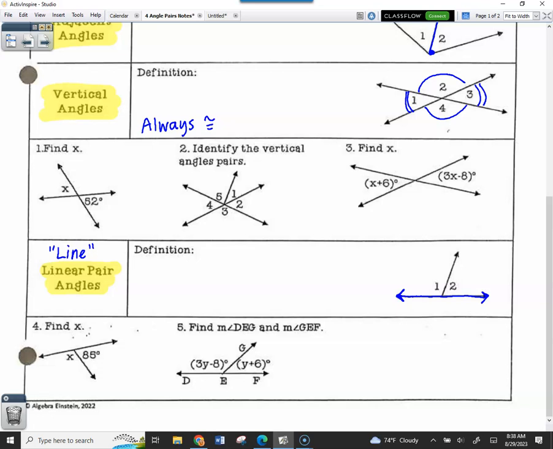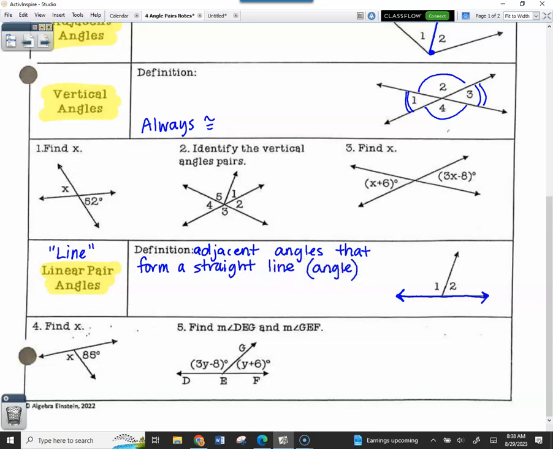Let's write the definition. It means adjacent angles that form a straight line, and by forming that straight line, they've also formed a straight angle.